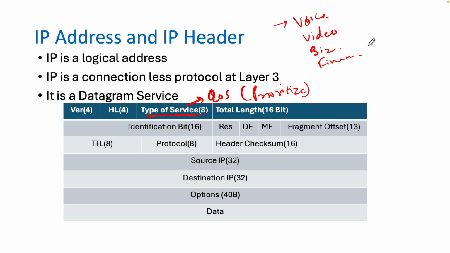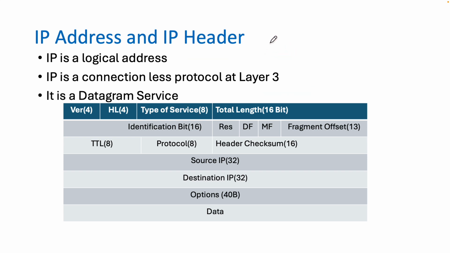All right, means you want certain traffic to go on critical basis, on high priority. For IPv6, this 8-bit field is known as type of service. And if you have IPv4, then these 8 bits will be known as DSCP plus ECN. Let me explain.